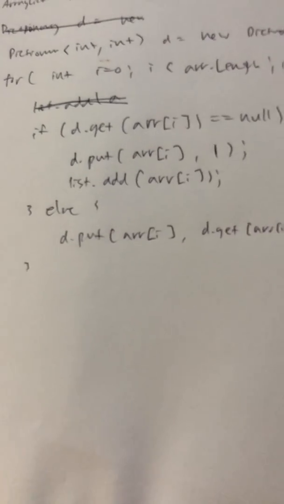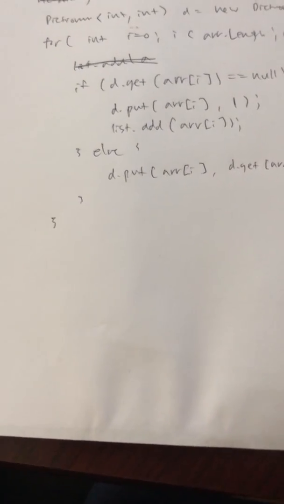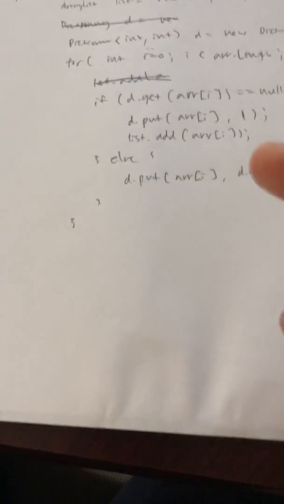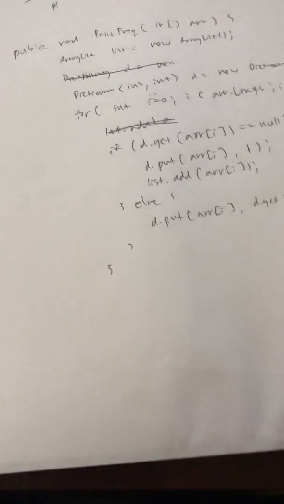Else I'm going to create a new key in the dictionary, and I'm also going to add that element into the list. So after we have finished this, I'm going to have a map, our dictionary, that has all the frequency and value pairs, and I'm going to have the list in sorted order, and the list will have only one of each element.